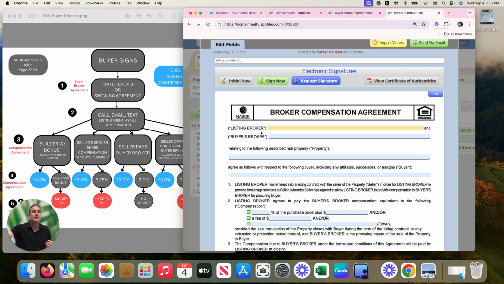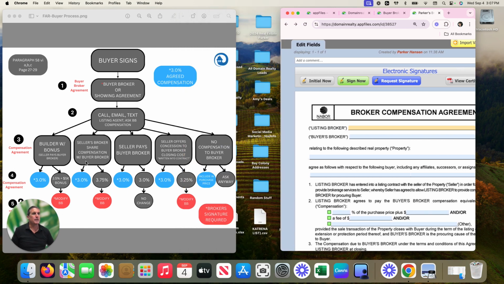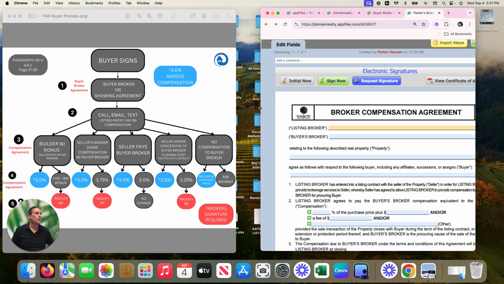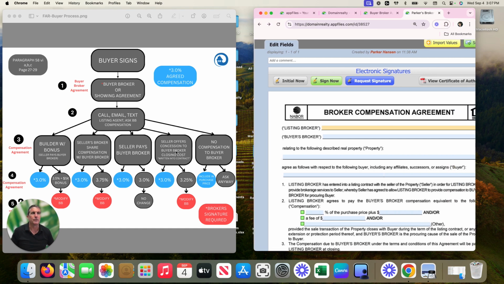It's between John R. Wood or Coldwell Banker or whatever listing office you're doing the deal with and Domain Realty. That's why you can use them interchangeably, because the parties are different. So if that seller is allowing you to share your compensation, you're going to use the seller to buyer's broker compensation agreement.